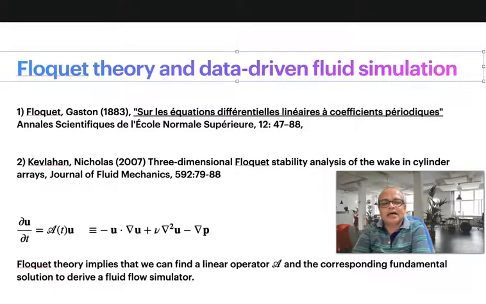This paper was written in 2007, so quite some time ago. That means Floquet theory is not something new. You can get a brief idea about how Floquet theory can be used in fluid flow analysis.